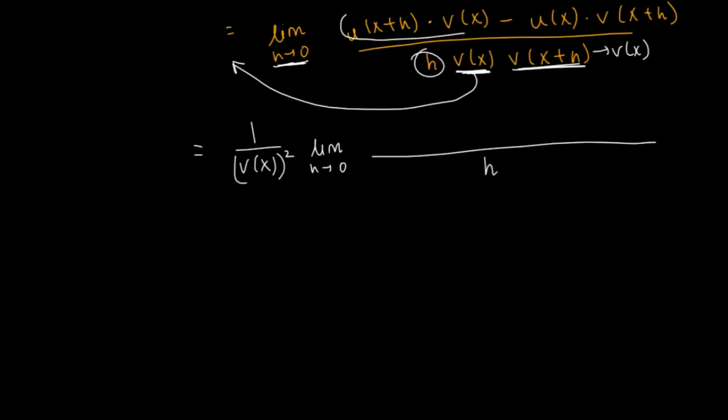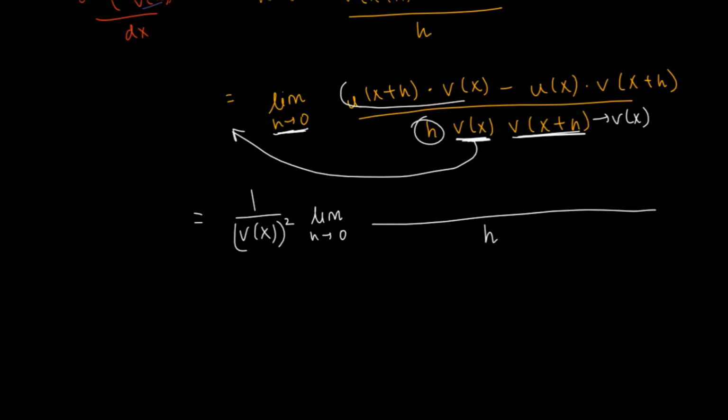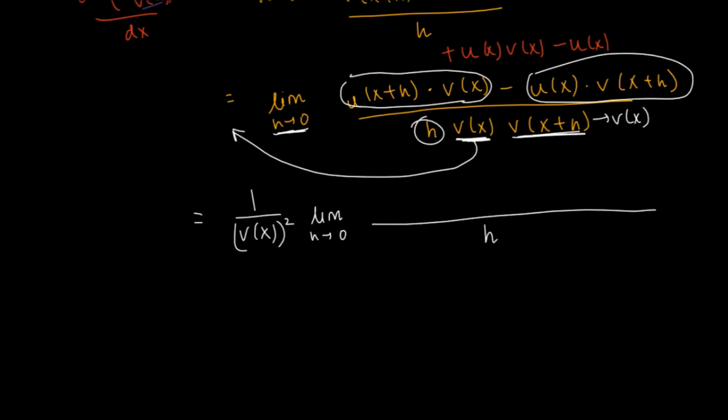You can try this, and the best way to do this would be if you added and subtracted u of x times v of x. And now you can see that this thing can be put into one part, and this stuff can be put into the other.